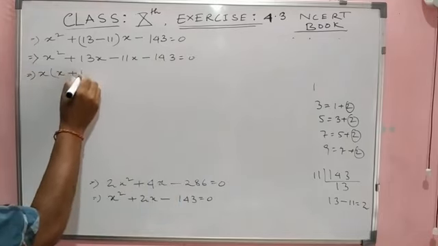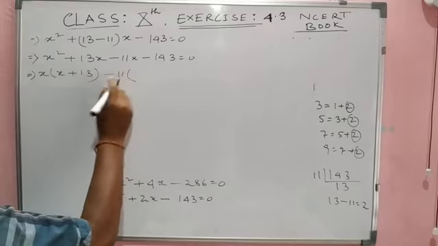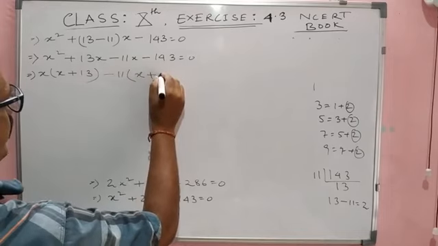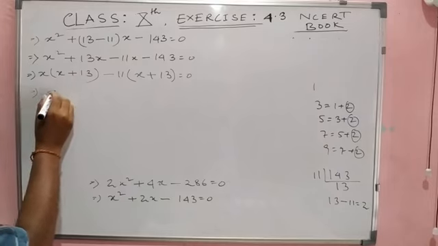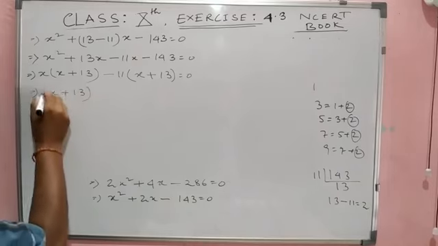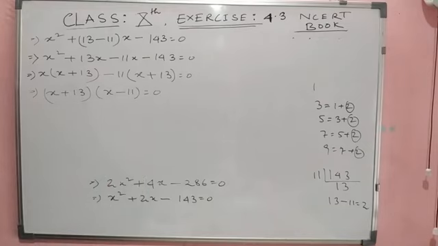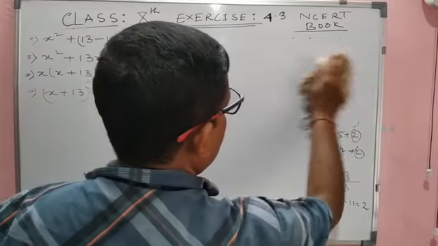If we take x common, x plus 13, and minus 11 common, we get x plus 13 whole into x minus 11 equal to 0. Therefore we can say either this equal to 0 or this equal to 0.